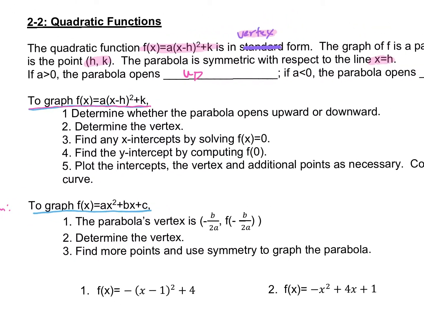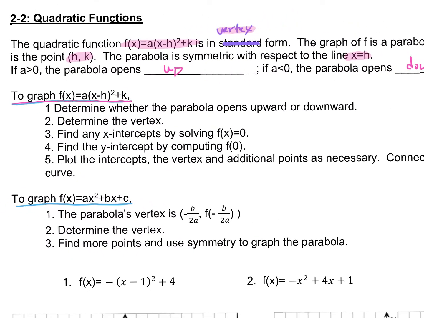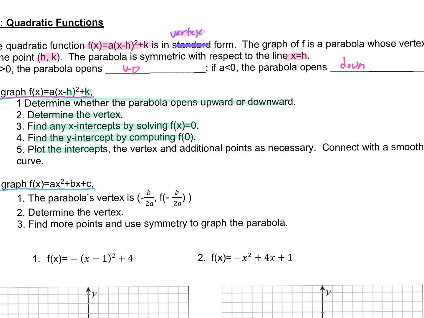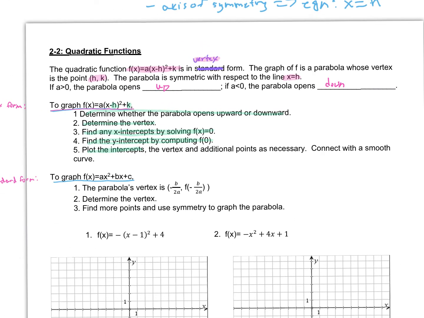So if you notice, it says determine whether the parabola opens up or down. We want to figure out what the vertex is, and that's easy enough to do from our (h, k). We want to find x-intercepts, and we want to find y-intercepts, and then we graph those points. And we use symmetry in order to graph some of these points, and then we connect them with a smooth curve. So we'll look at that in just a second.